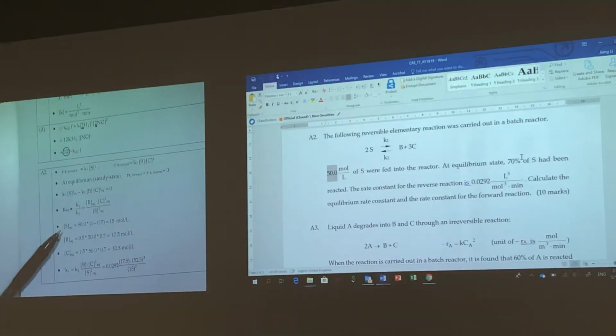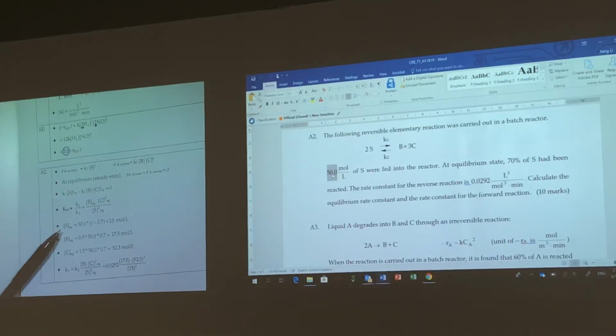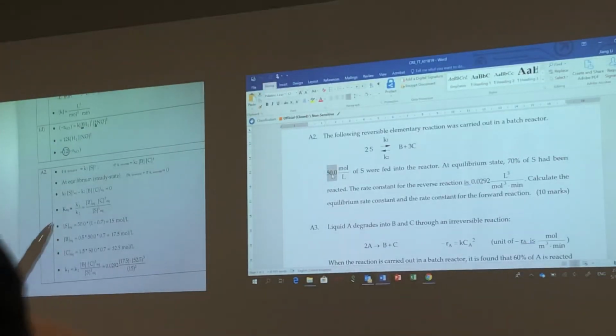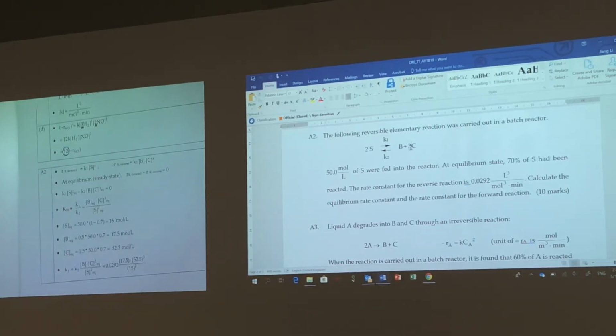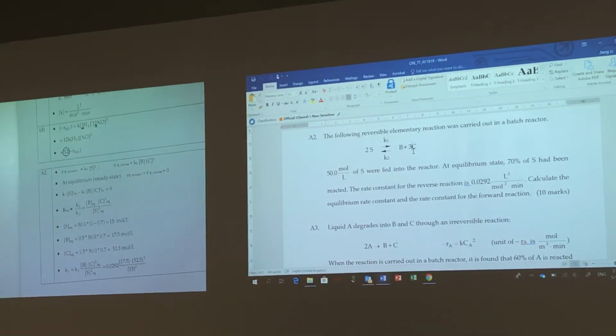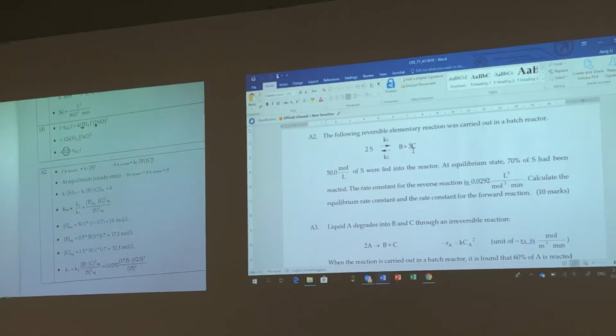So how much of S will be left? 50 times 30%. Correct, 30%. Then from here, you should tell that if you use 2 moles of S, it should generate 1 mole of B and 3 moles of C. I think this part is confusing. Some of you may not be able to find it correctly. So you need to know how to find the correct B and C at equilibrium.